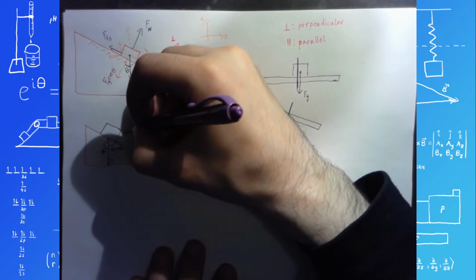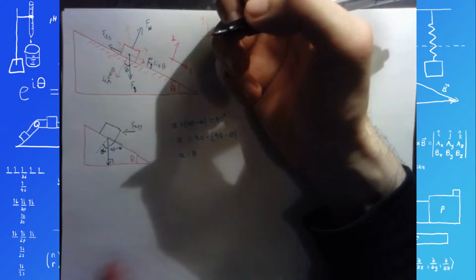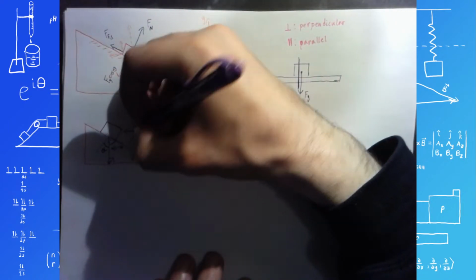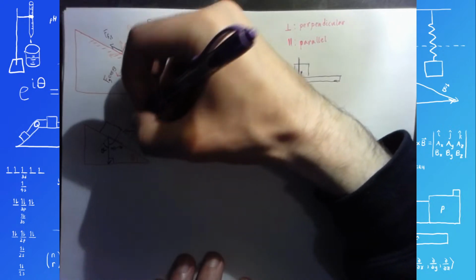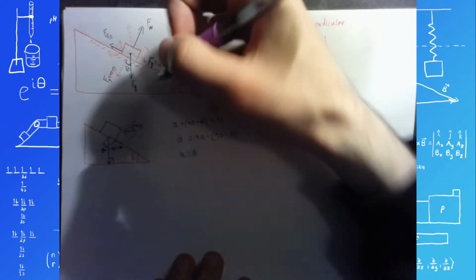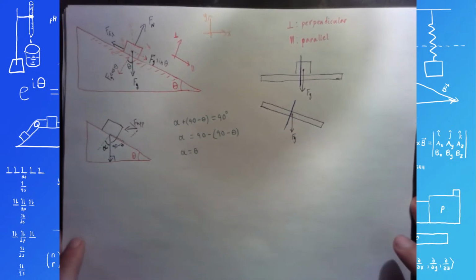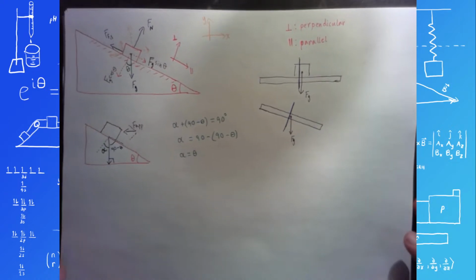There's a force applied like this, and of course you're going to have to do some geometry and break that applied force into a component perpendicular to the incline and a component parallel to the incline. And I would hope that you have the geometry skills to do that, but if not, we will see an example of that.